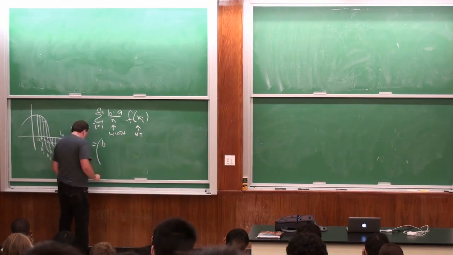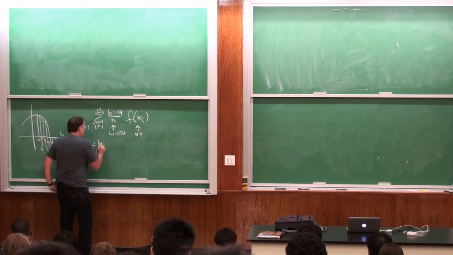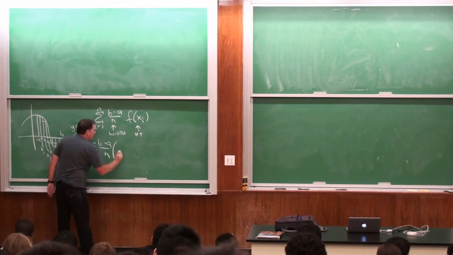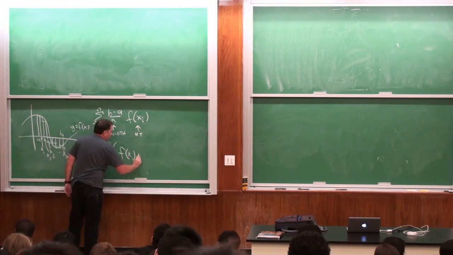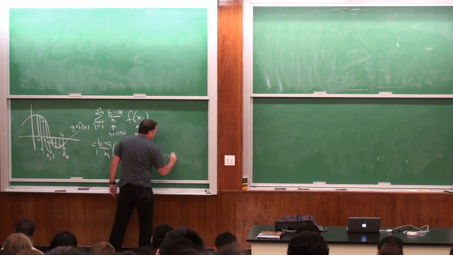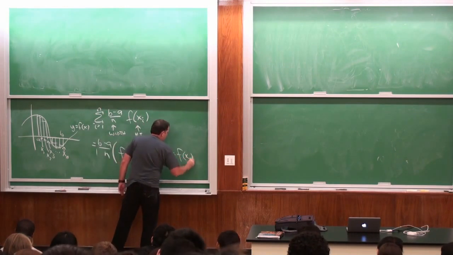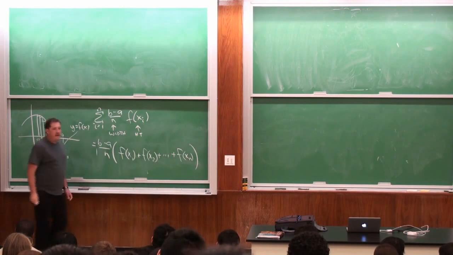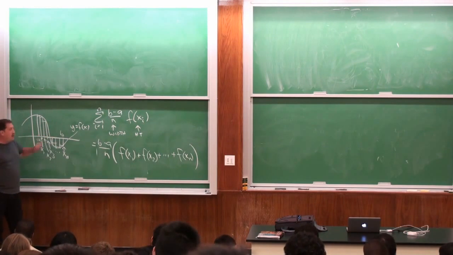Let me factor out the b minus a. Right? So this gives me an approximation of the area.